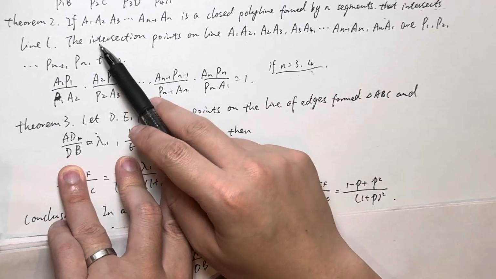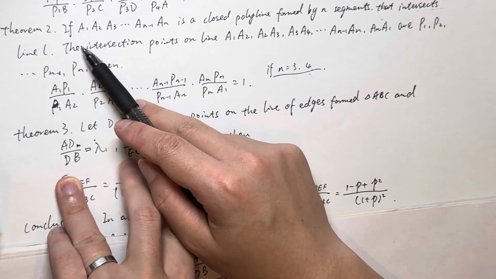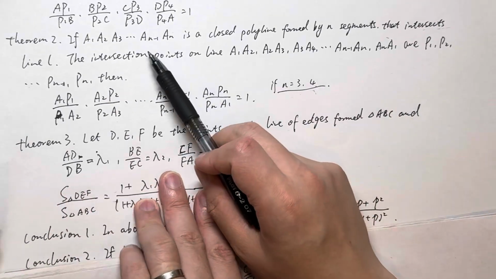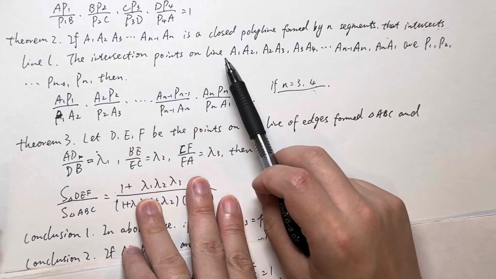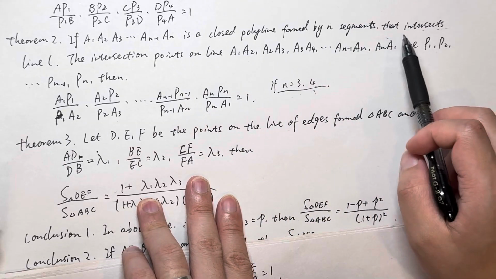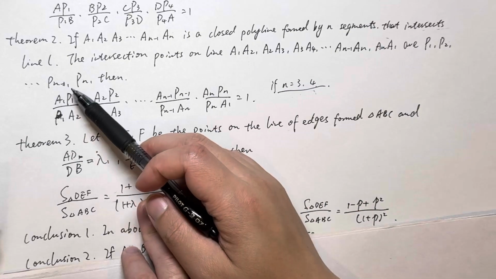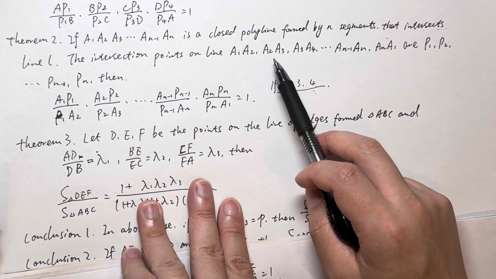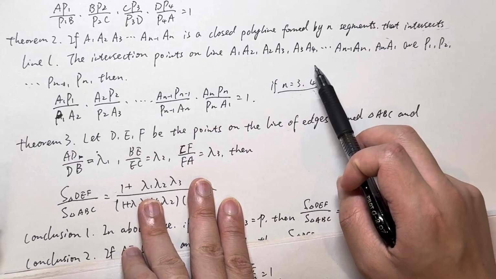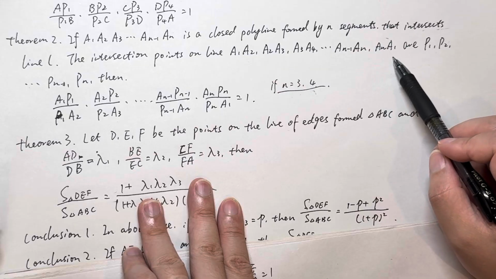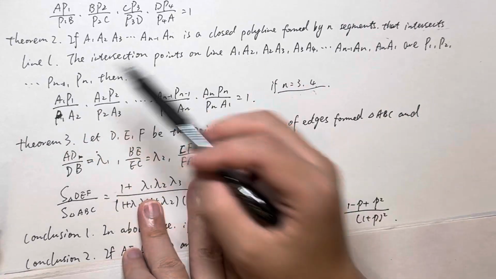So if we generalize it, then we know that if A1, A2, A3, all the way to An-1, An is a closed polyline formed by n segments, right? That intersects a line L, and intersection points on line A1A2, A2A3, A3A4, all the way to An-1An, AnA1 are P1, P2, all the way to Pn.